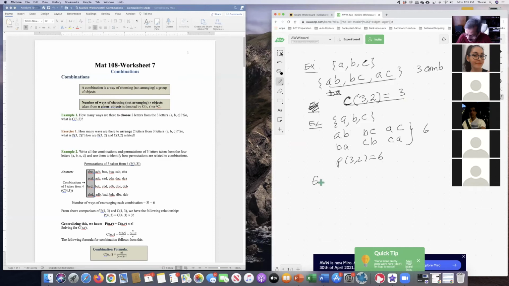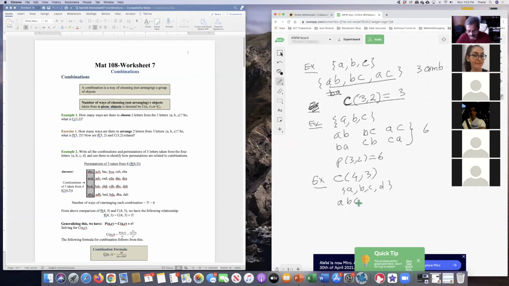So let's do a quick one, another one. C43 means 4 objects given, you need to choose 3 at a time. So we can use the alphabets to represent the 4 objects. So let's say A, B, C, D. Then how many ways are there to choose 3? That'll be A, B, C is one of them. You're not rearranging them.